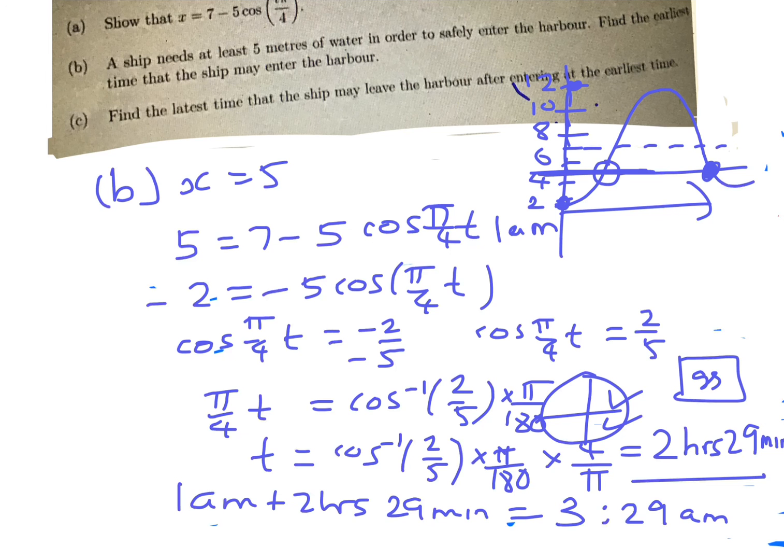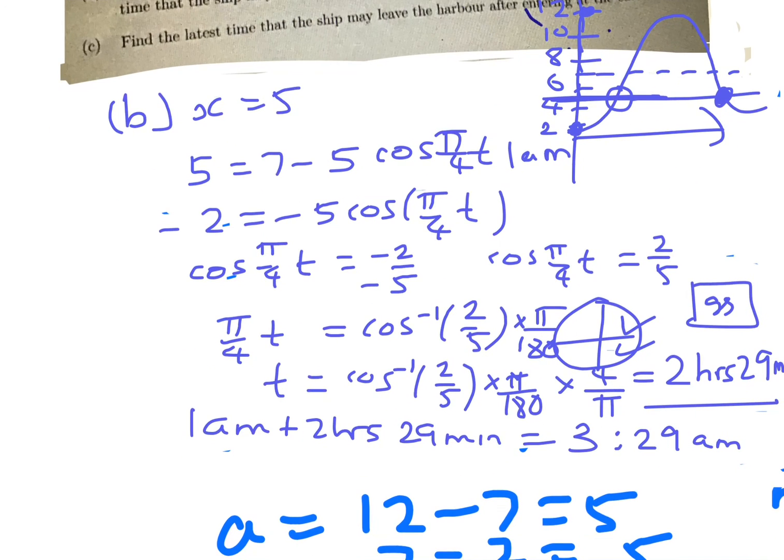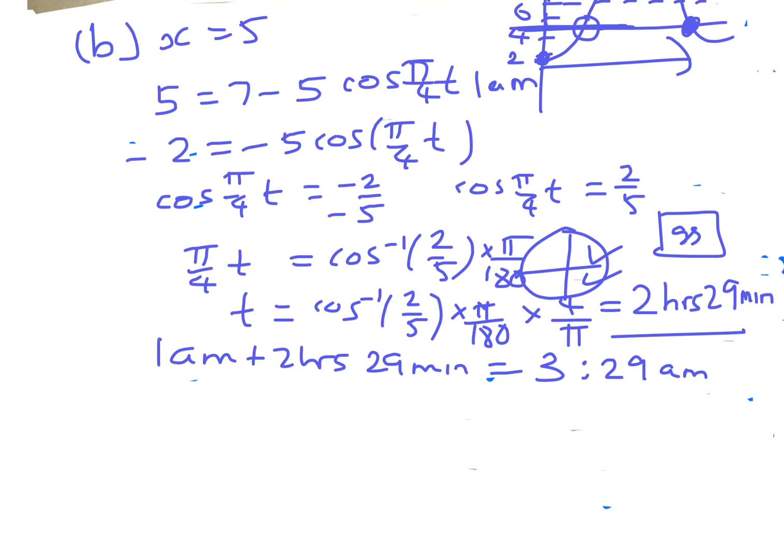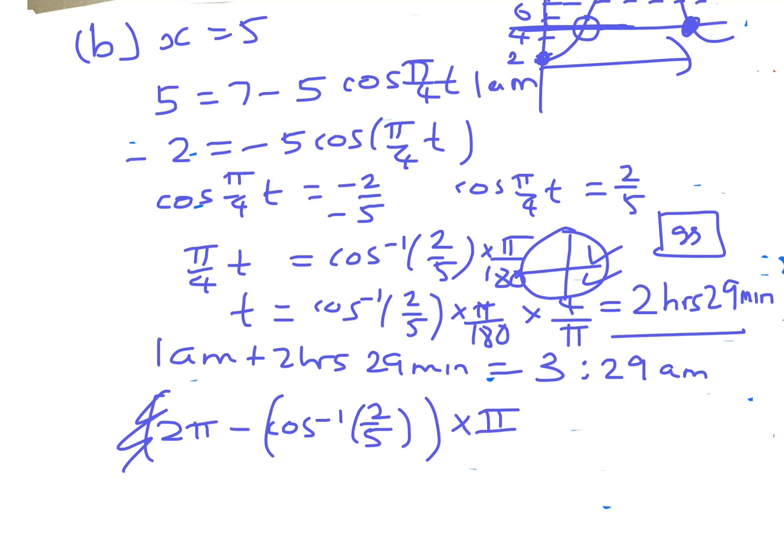So that would be just in the next quadrant. So you can see that it is in the next quadrant, which is 2 pi minus cos to the minus 1 of 2 on 5. Okay, and then we're just going to make sure that this part here is in radians. So I'm typing pi on 180.